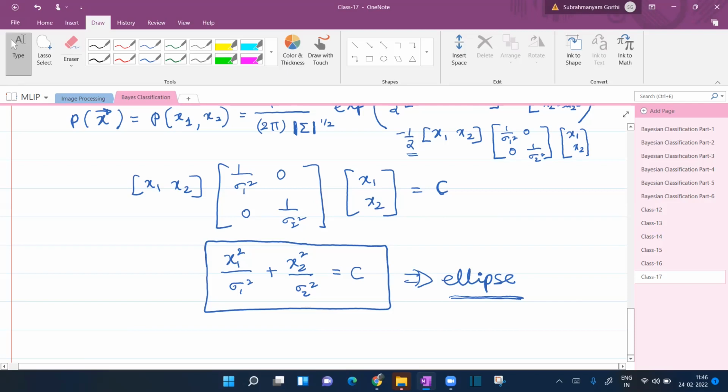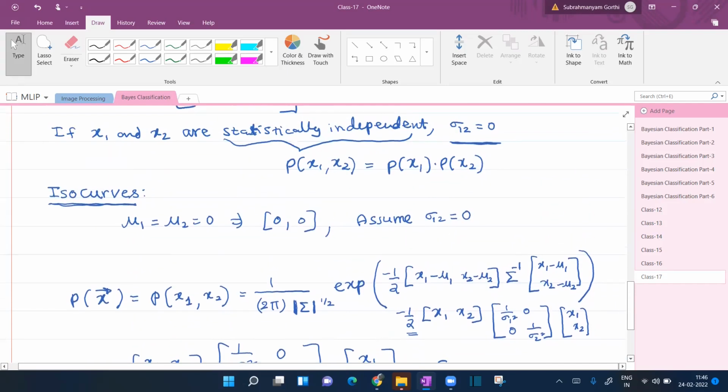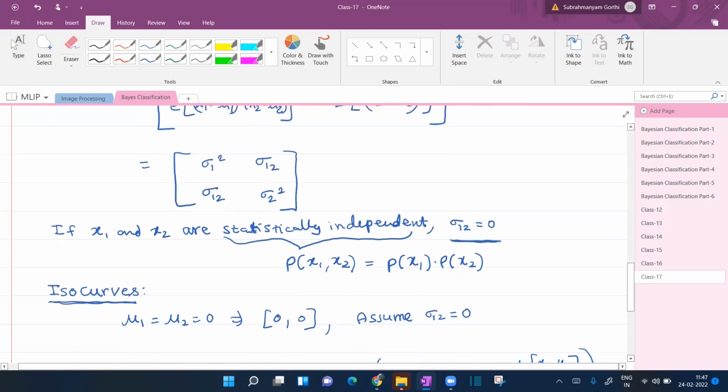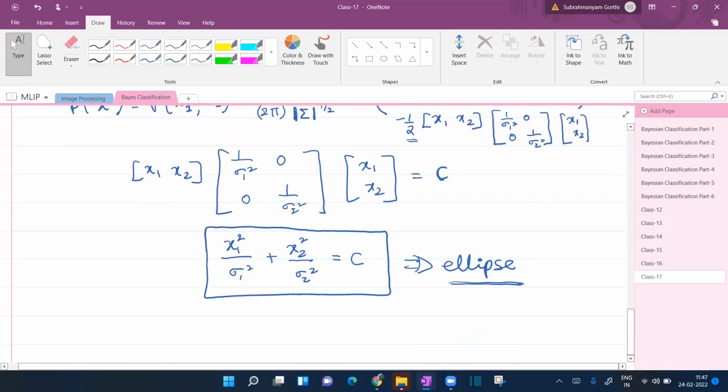I came from forming a statement to a fill in the blanks. The locus of all points, when I consider a two-dimensional feature vector, statistical independence between the two distributions and zero mean, then the locus of all points that have a constant value is an ellipse. Very good.